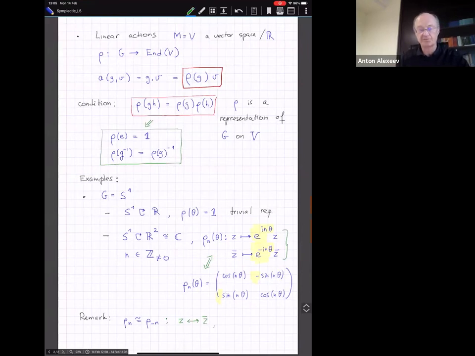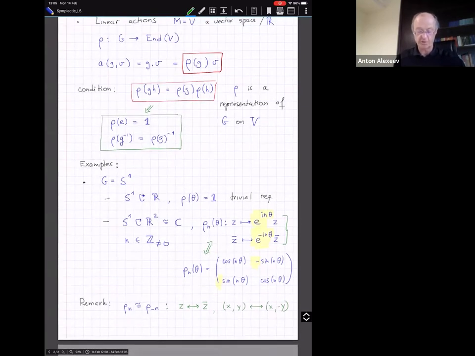The other way, if I want to do it in real coordinates, right, that's the same exchange of Z and Z bar. It's the same as the symmetry with respect to the x-axis. So y changes sign, and then this matrix rho n will go to the matrix rho minus n of theta, if I just change the sign of the y coordinate.